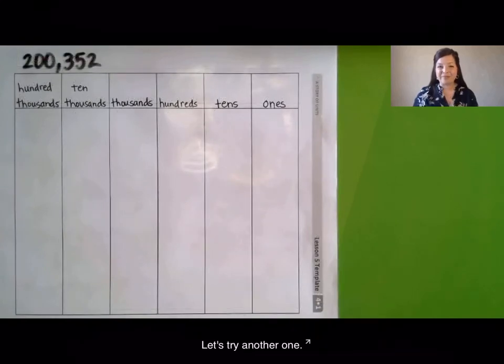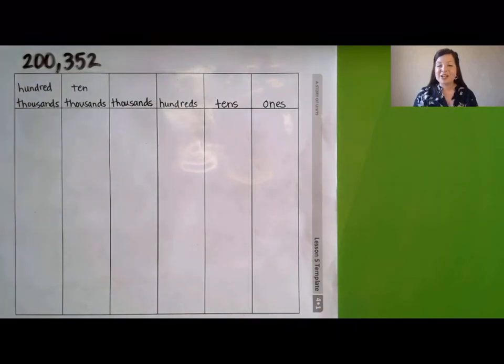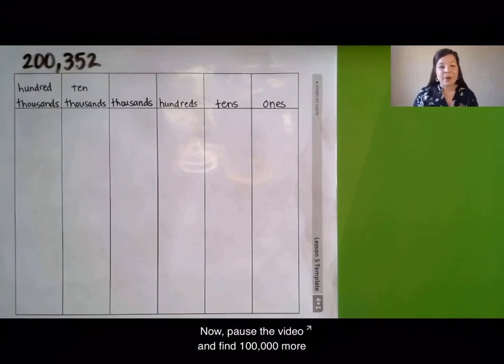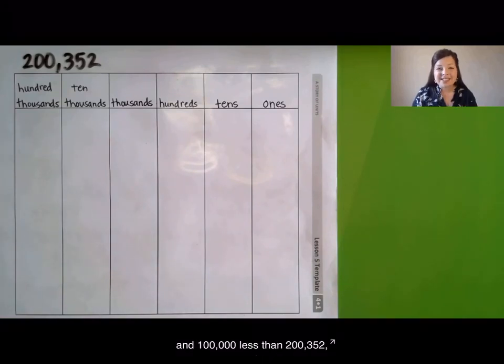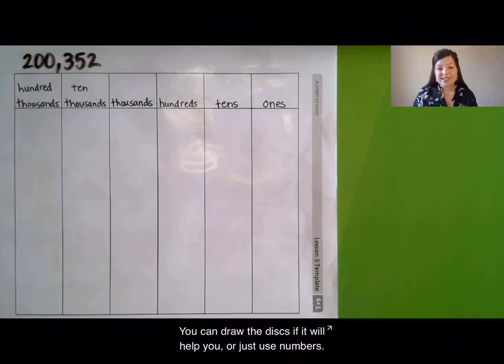Let's try another one. Look at the number that I've written. Read it out loud. 200,352. Now pause the video and find 100,000 more and 100,000 less than 200,352 and write them as equations. You can draw the discs if it will help you, or just use numbers.